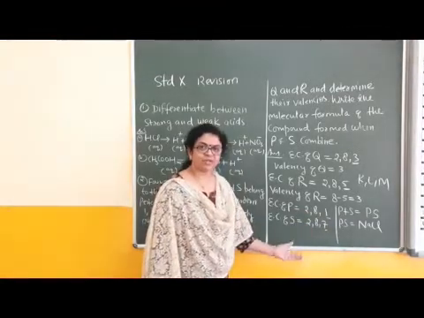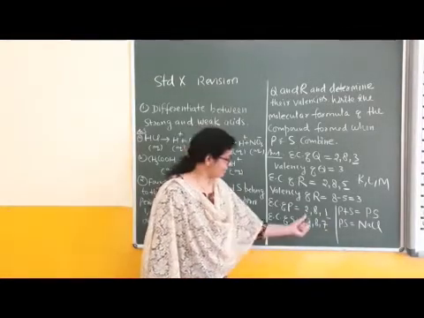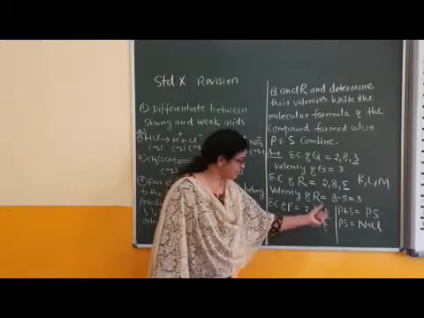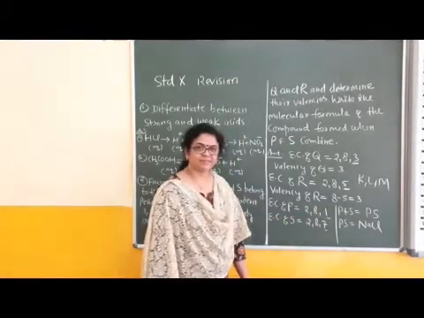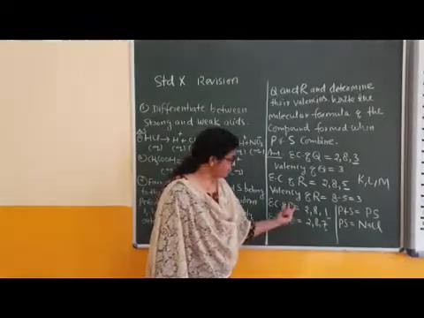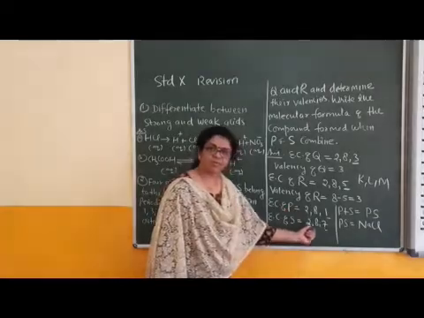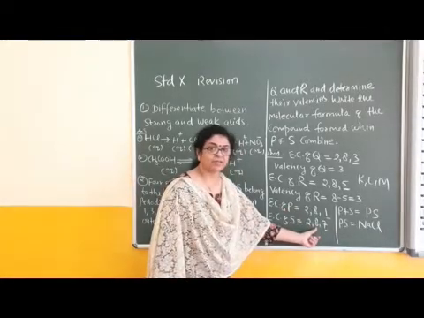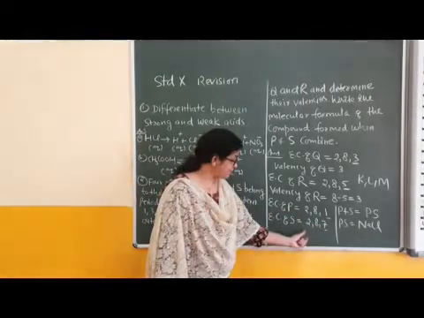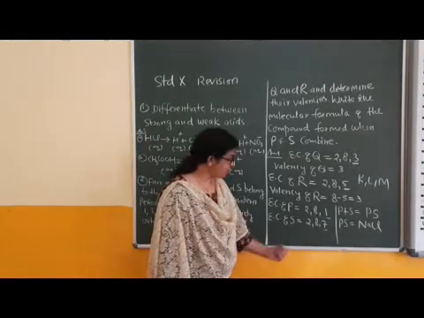This is the electronic configuration of sodium: 2 plus 8 plus 1 is equal to 11, the atomic number of sodium. And 2 plus 8 plus 7 is equal to 17, the atomic number of chlorine.